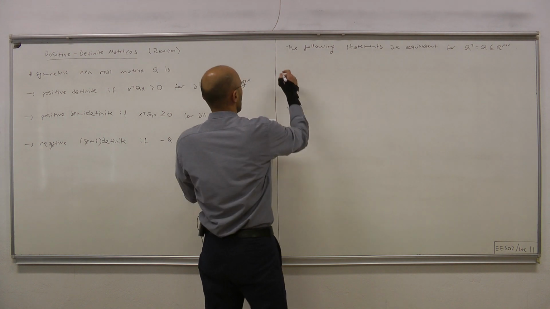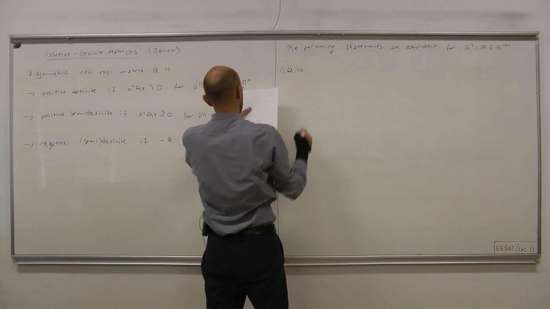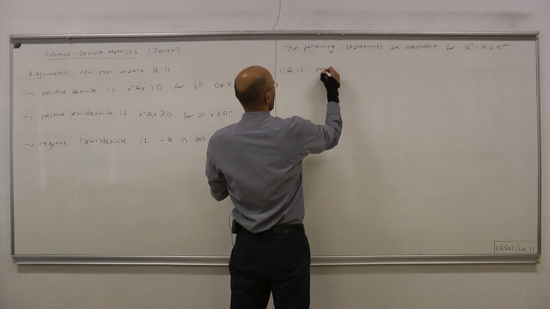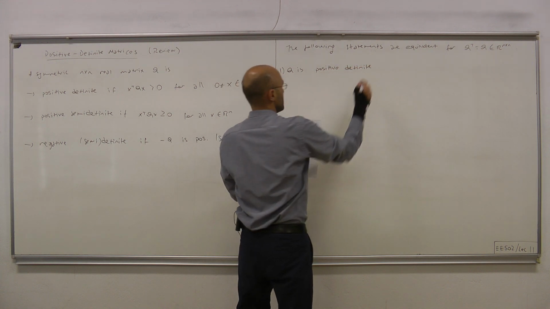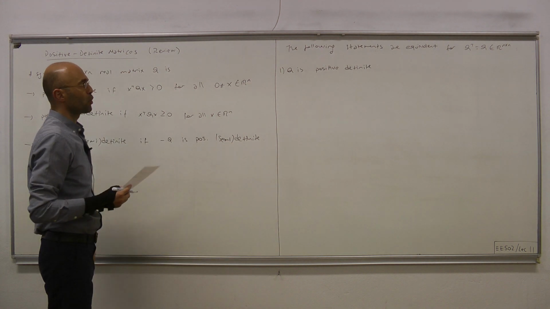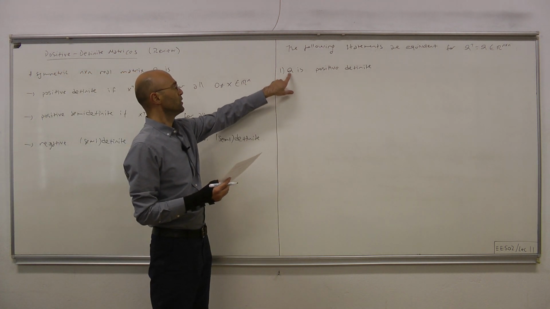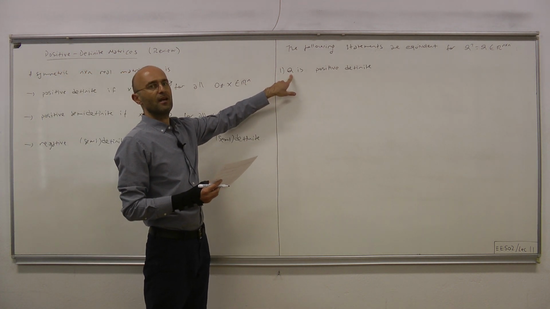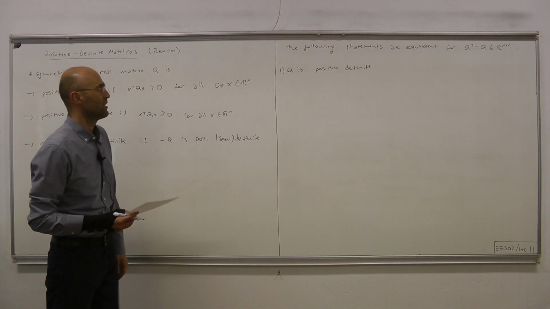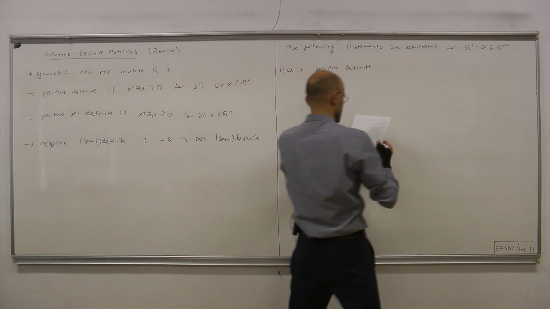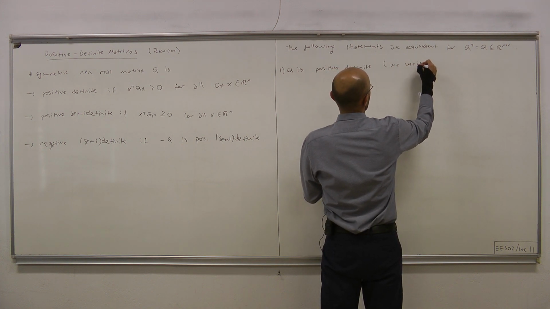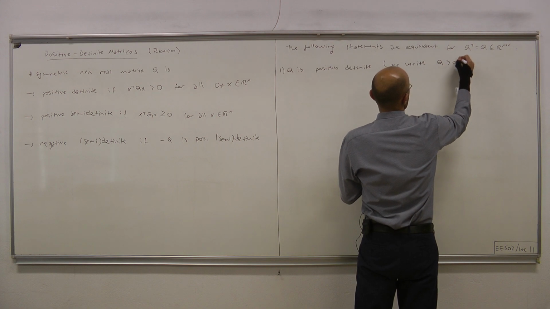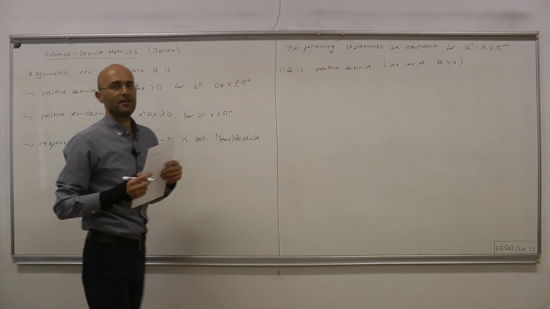One, Q is positive definite, and the shorthand notation to indicate that a matrix is positive definite is simply writing Q greater than 0.